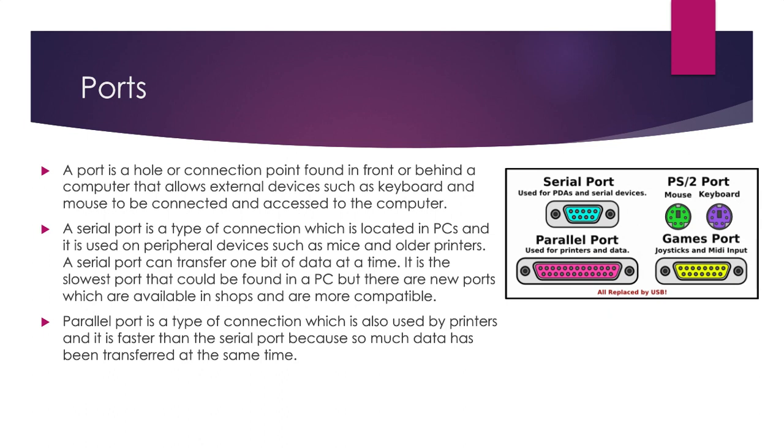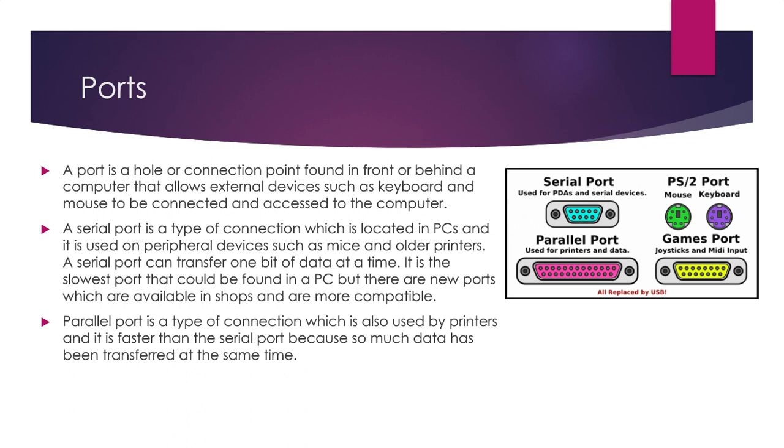So a port is a hole or connection point that is found in front or behind, or on the side of the computer that allows external devices such as keyboards and mouse to be connected and accessed to the computer.